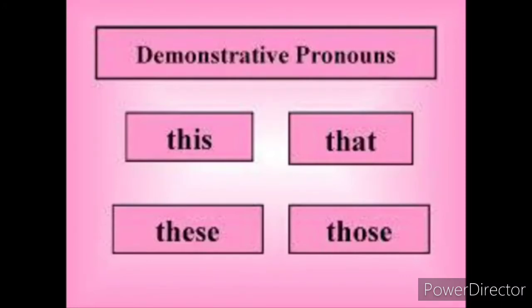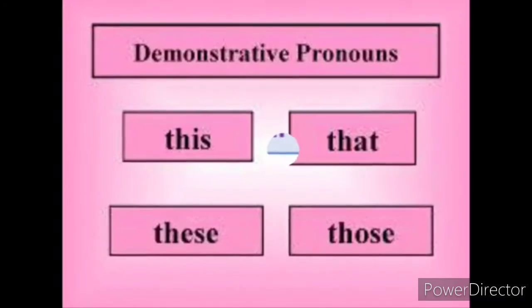So here, this and these are the demonstrative pronouns that refer to the nouns that are nearby, and that and those are the demonstrative pronouns that refer to the nouns that are far away.